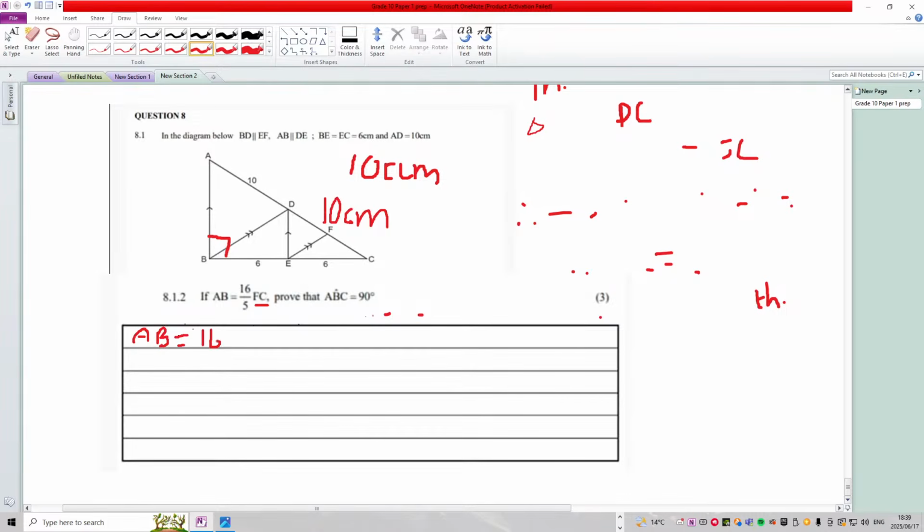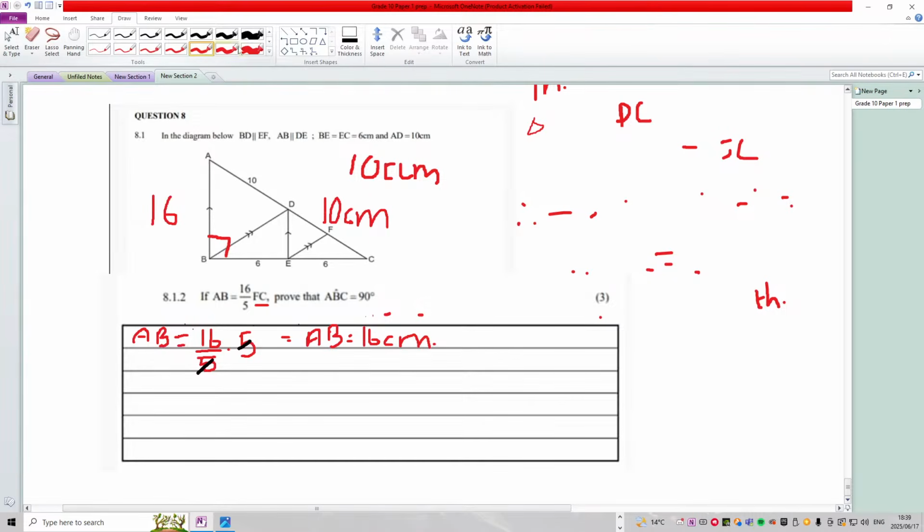AB is equal to 16 over 5 multiplied by 5 centimeter, since we found FC, and simply that just cancels. So AB is equal to 16 centimeter.